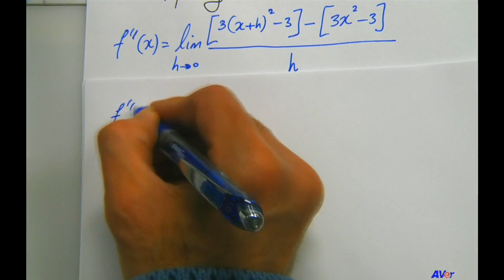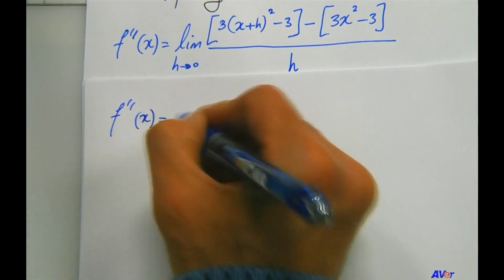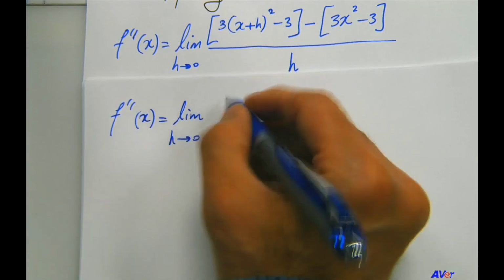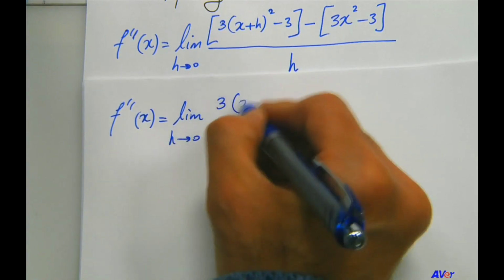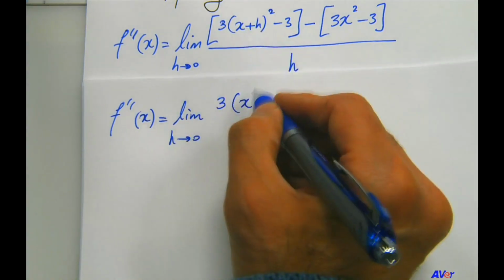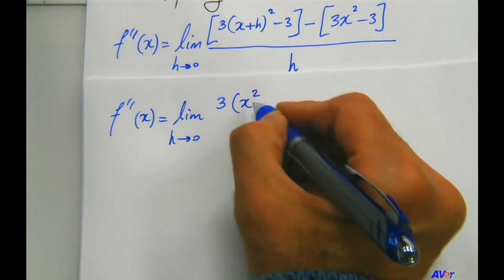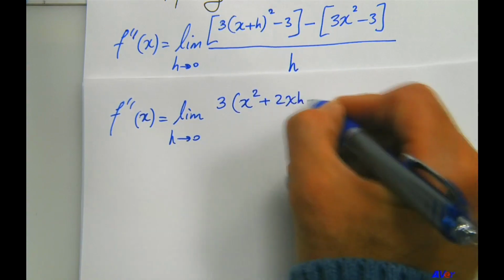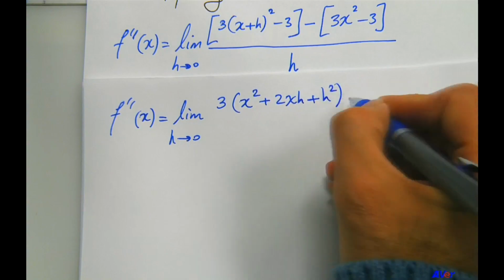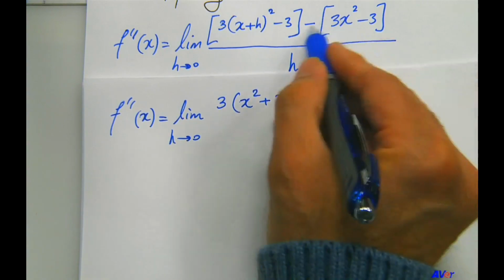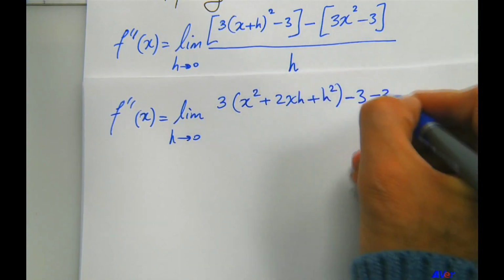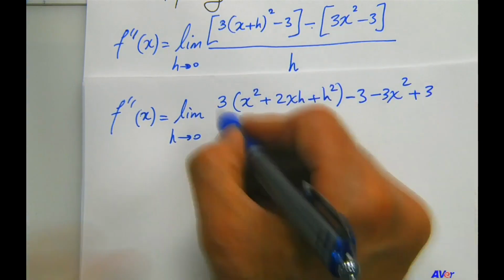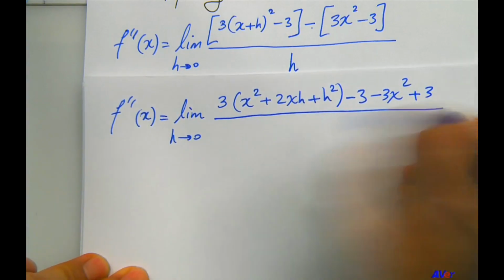So f double prime of x is equal to limit as h goes to 0 of 3 times, I'm going to expand that. So 3 times x squared plus 2xh plus h squared minus 3. Then let's distribute this minus into both terms. Minus 3x squared, minus times minus, positive 3. Divided by h.